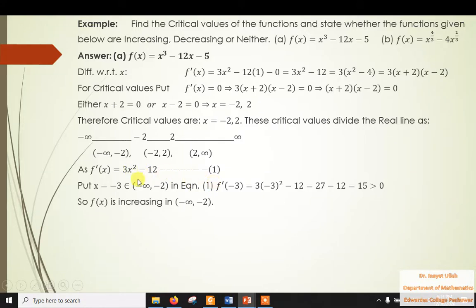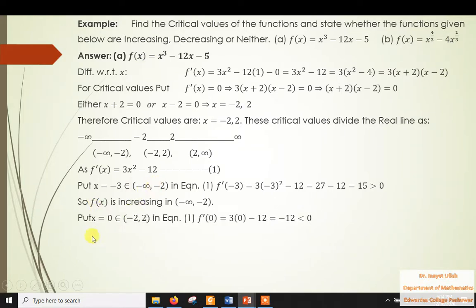Whenever you put x equal to minus 3 here, we get f prime of minus 3, that is 3 into minus 3 whole square minus 12, and 15 is the answer. Now we see that 15 is greater than 0. Greater than 0 means positive, so f prime is positive. So it means that the given function is increasing in this interval.